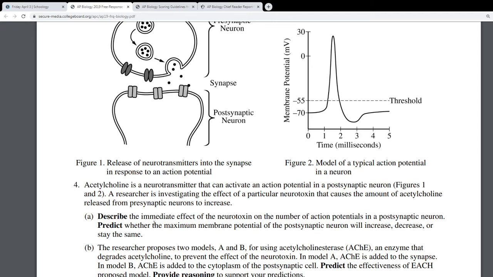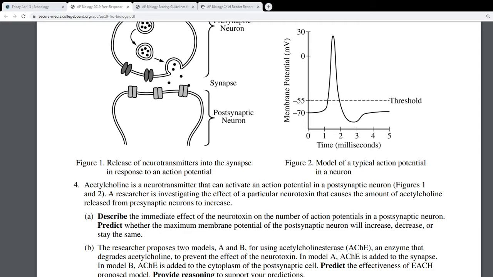So, our best guess, describe the immediate effect on the number of action potentials. Once again, that means it's either going to go up, it's going to go down, or it's going to stay the same. If we're making more acetylcholine, more neurotransmitter, what do you think is going to happen?